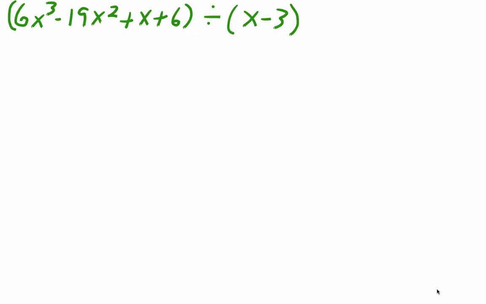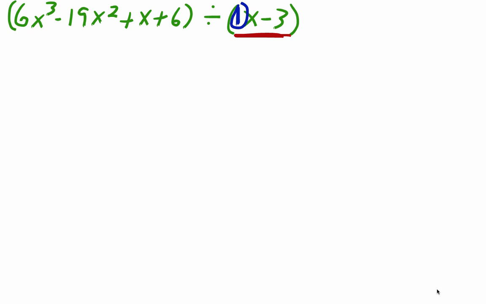So here's our first problem that we're going to do dividing two polynomials. And we're going to use long division on this. And you can see from our divisor over here that the coefficient on the x term is a 1. That is a 1, and it has to be a 1. If it was not a 1, then we'd have to divide everything by whatever that number is.